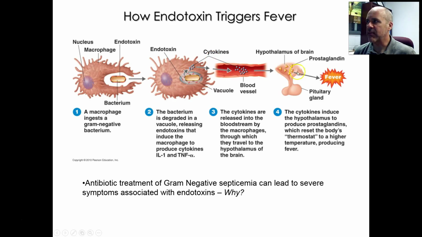They get into the bloodstream, they travel up here to the brain, and in the brain, in the hypothalamus, you have neurons there that detect these cytokines, and the cytokines tell the neurons to produce molecules called prostaglandins. That's another type of cell signaling molecule that's used locally. And the prostaglandins signal additional neurons in the hypothalamus to trigger the responses that lead to fever development.